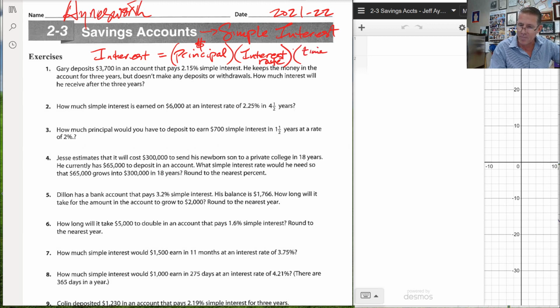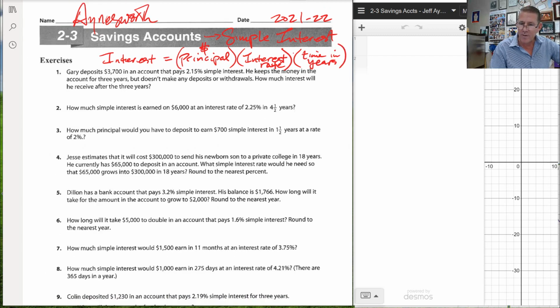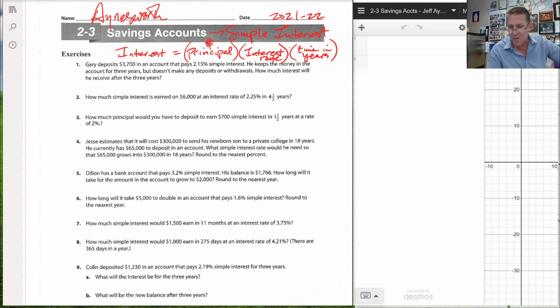We abbreviate that as I equals P times R times T, where R stands for the rate, T stands for the time in years, and P stands for the principal.